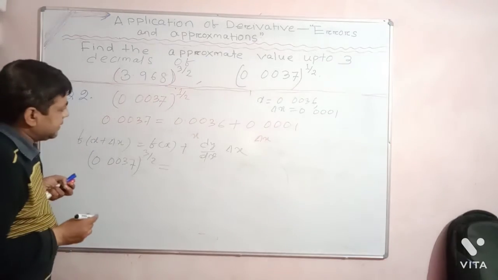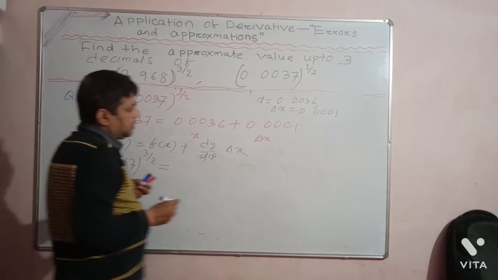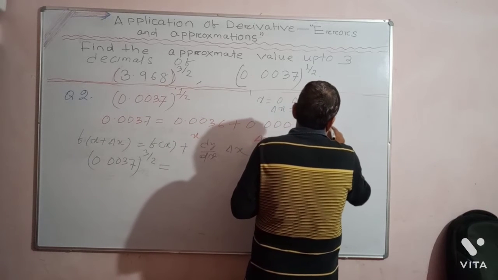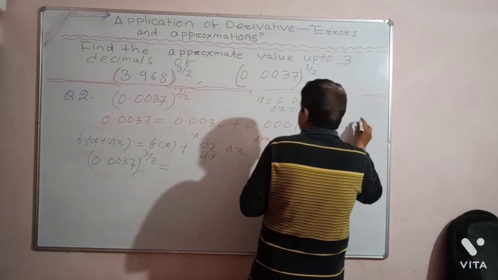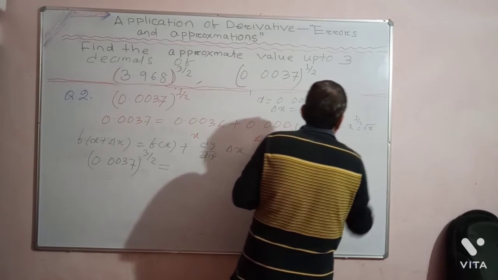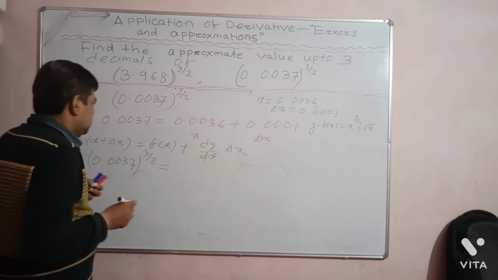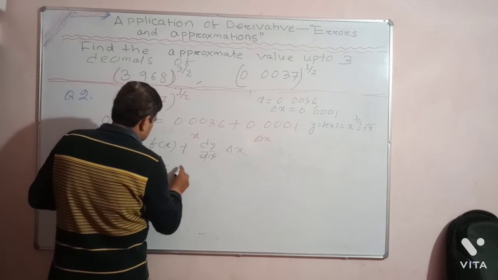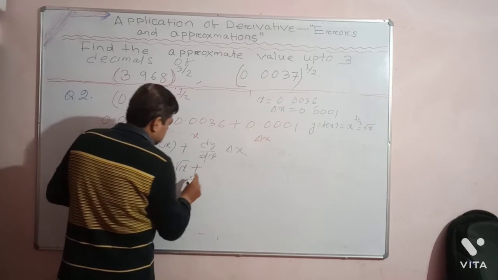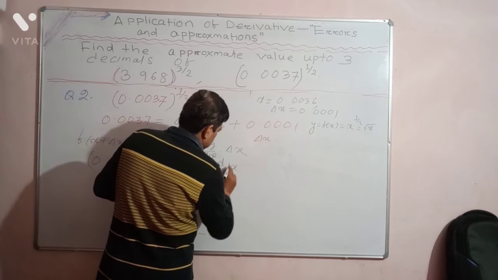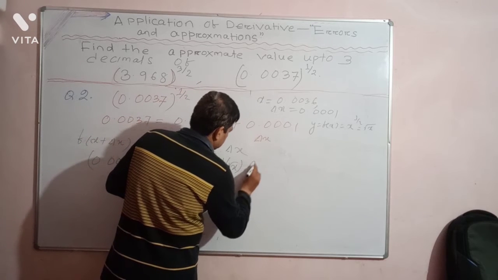What is f(x)? Here we have taken y = f(x) = x^(1/2), or the square root of x. So f(x) is root x, plus d/dx of root x into Δx, right?